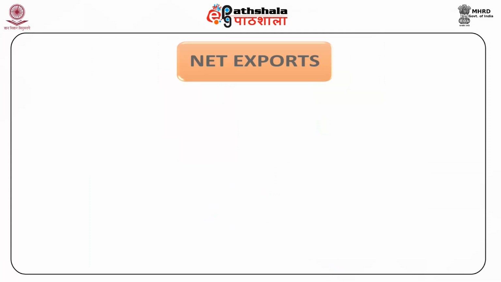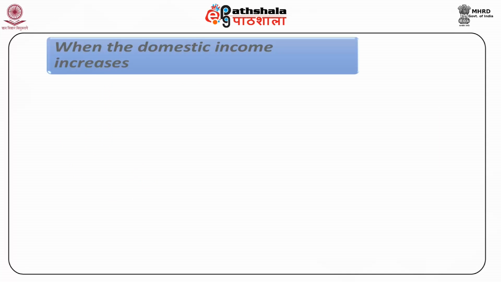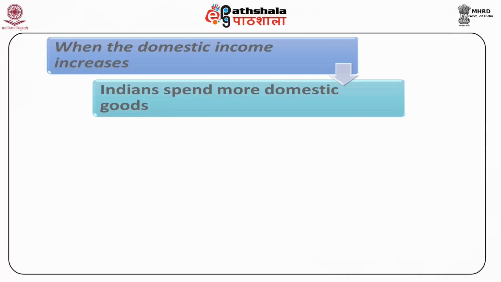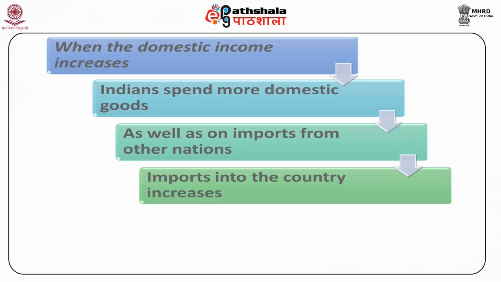Net exports. The foreign sector or the rest of the world also affects the aggregate expenditure through both imports and exports. When the domestic income increases, Indians spend more on domestic goods as well as on imports from other nations. As domestic income increases, imports into the country increase.